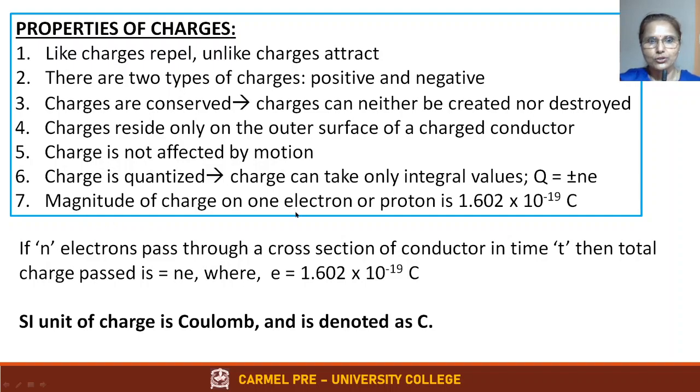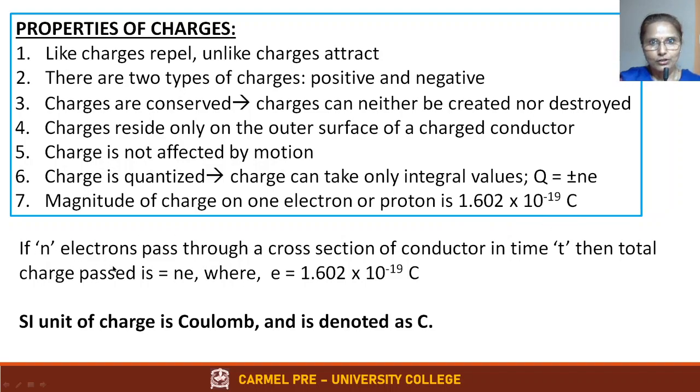Magnitude of charge on one electron or proton is 1.602 times 10 to the power of minus 19 coulomb. You have to remember this number. At least you have to remember 1.6 times 10 to the power of minus 19 coulomb, because we are going to use this for many problems. Magnitude of charge on one electron is equal to 1.6 times 10 to the power of minus 19 coulomb.